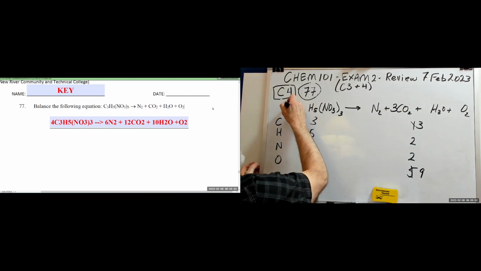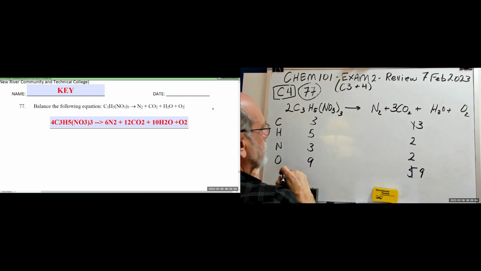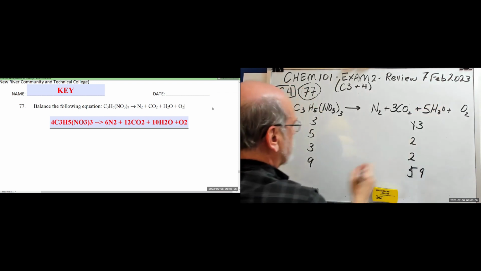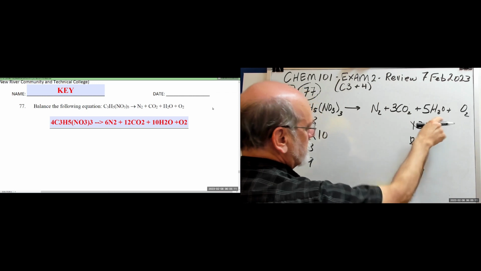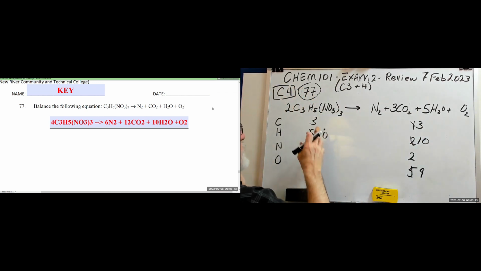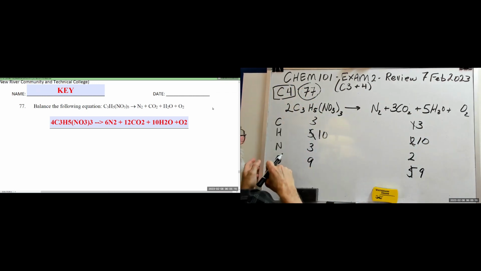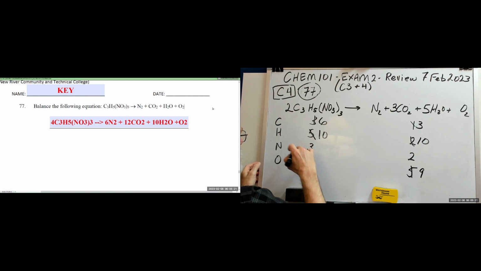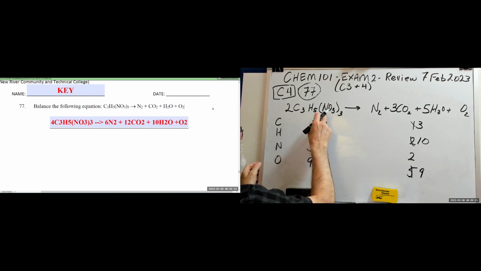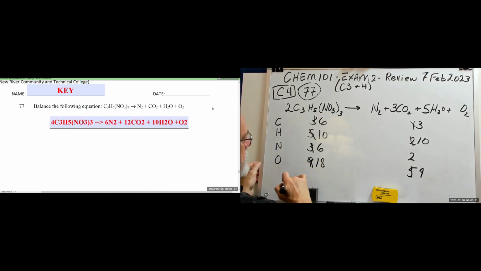If we did that, 2 here and 5 there, that makes 10 hydrogens, but it also changes the carbons. So now we have 6 carbons, we got 10 hydrogens, we have 2 times 3 is 6 nitrogens, and 2 times 9 is 18 oxygens.